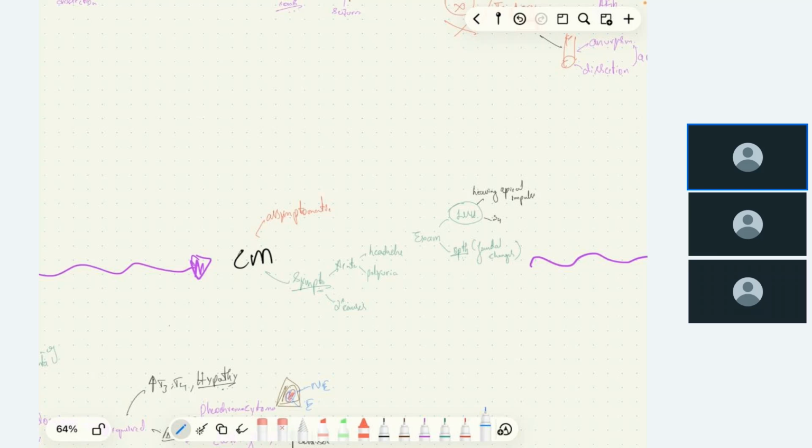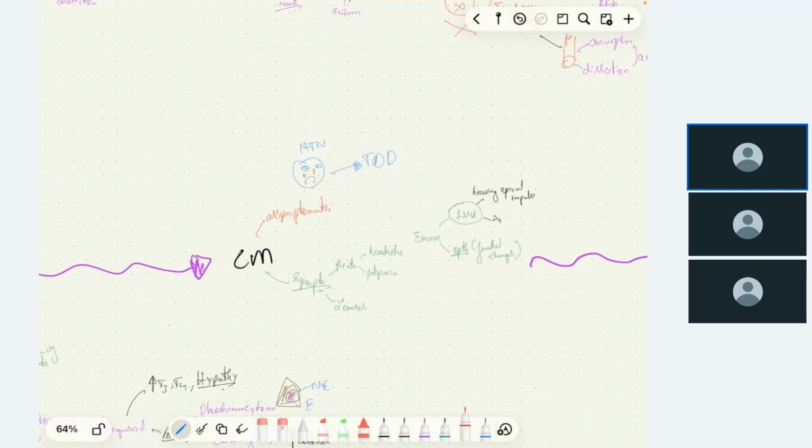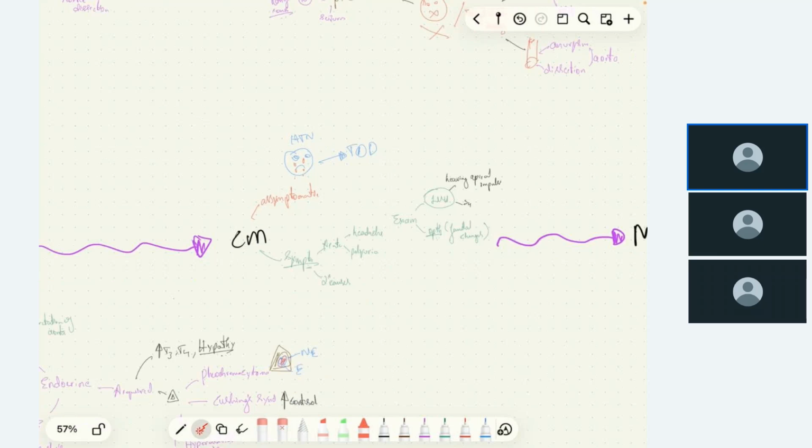Since majority are asymptomatic, we don't pick up the hypertension quickly, and most commonly, patients present with target organ damage, which is very, very bad. So what are target organ damage? We'll discuss it shortly. If the patient has an acute increase in blood pressure, he may present with headache and polyuria.